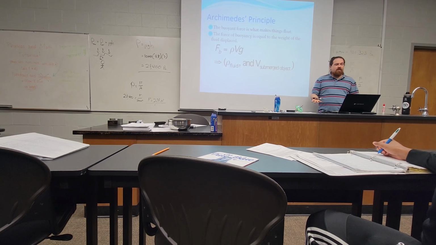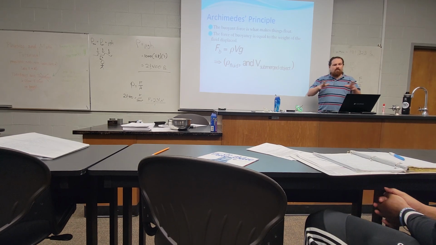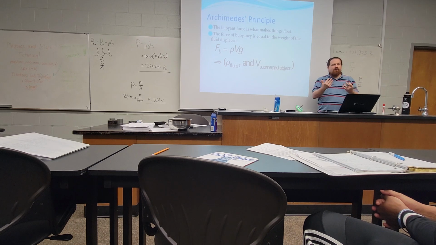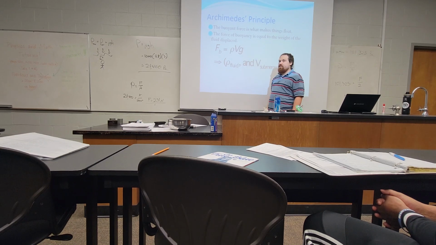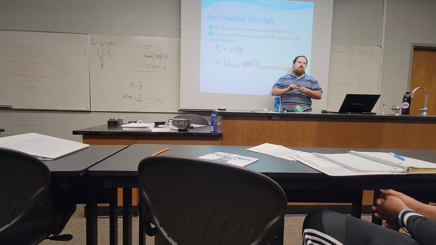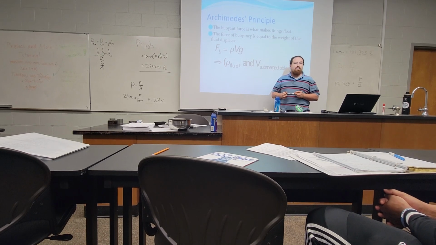When something is submerged in water, it pushes water out of the way because the water can't occupy the same space. That water pushes back because it wants to regain its space. The water removed has a certain weight, and the force it pushes back with is equal to its own weight. And that is again why there's a g in here. Questions about the formula itself, or shall we just practice it once?